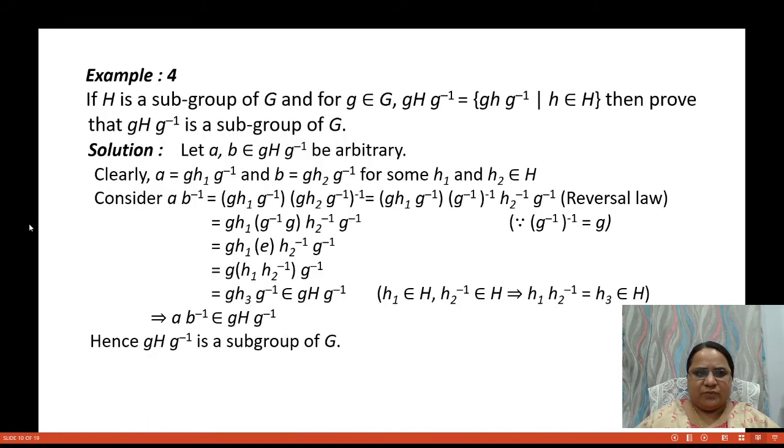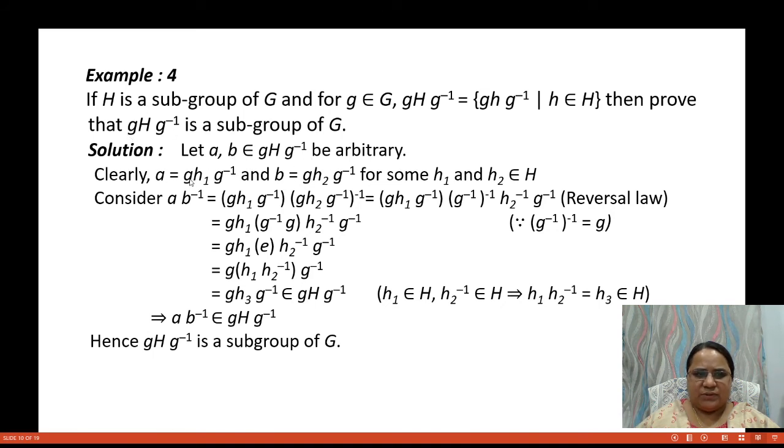Now example 4. If H is a subgroup of G and for g belongs to G, gHg inverse is equal to ghg inverse where h belongs to H, then prove that gHg inverse is a subgroup of G. Again, the same. Let a, b belong to gHg inverse. Whatever the last result is, we assume them to be arbitrary elements.